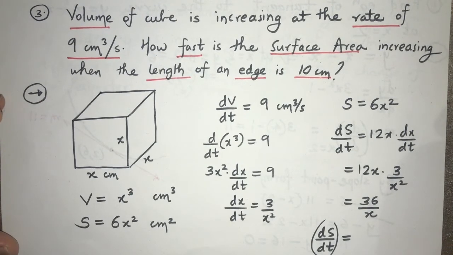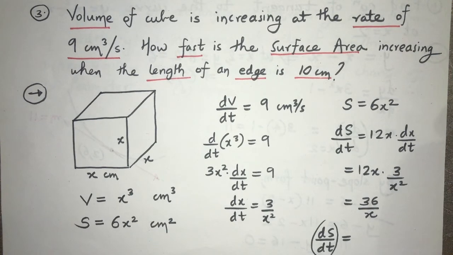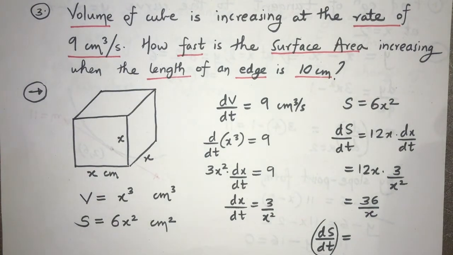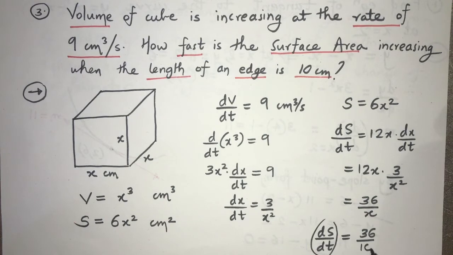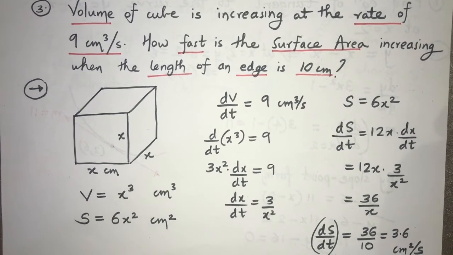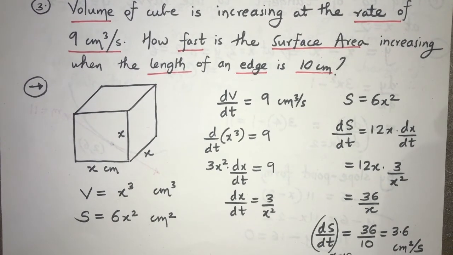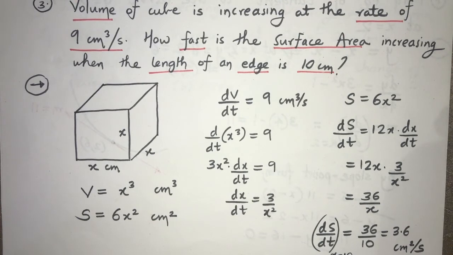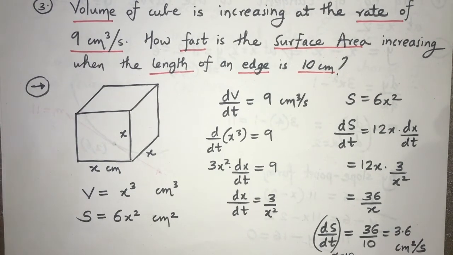So ds by dt is going to be 36 by 10, that is going to be 3.6 centimeter square per second. The units will be centimeter square per second.